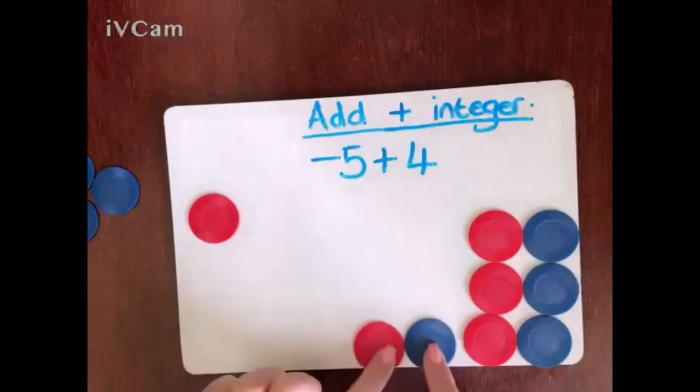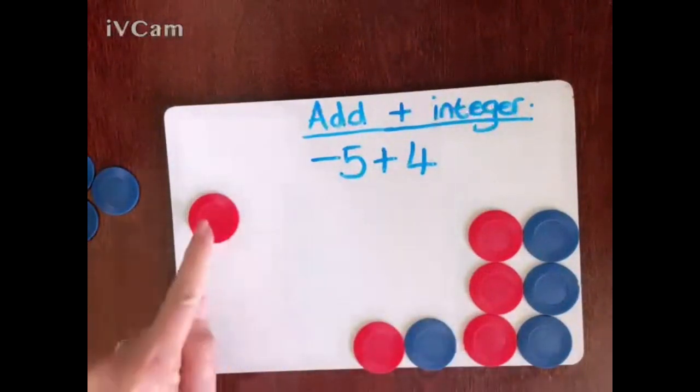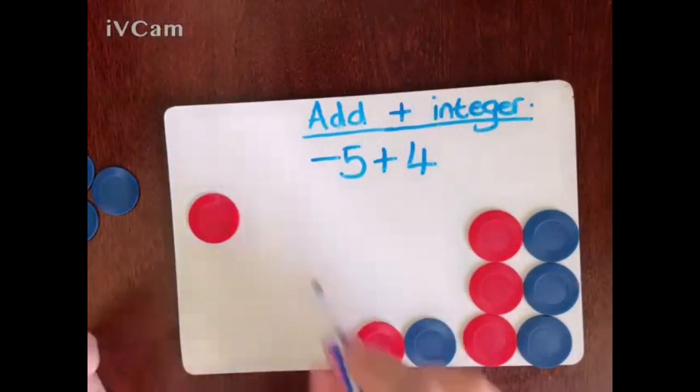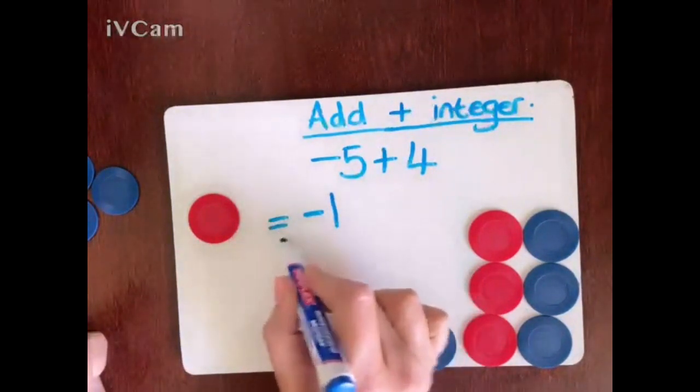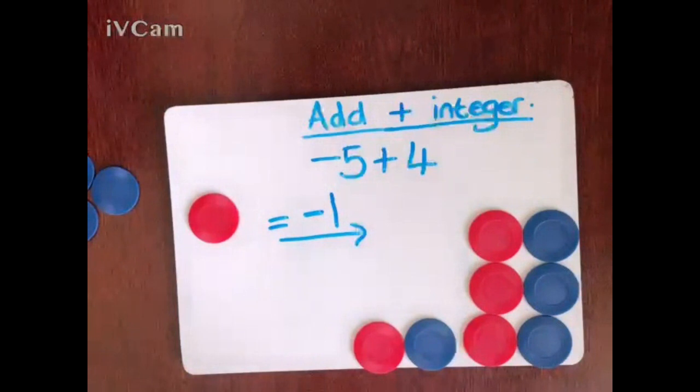These two will form a 0. So read what I'm left with. I'm left with one red one, and that is why it is -1. So firstly, you model the situation, then you make pairs, and then you read what is left.